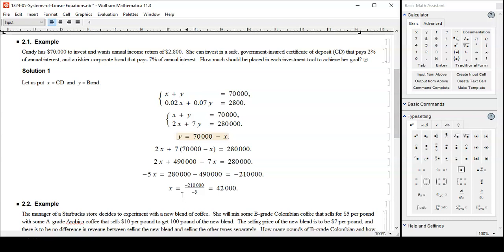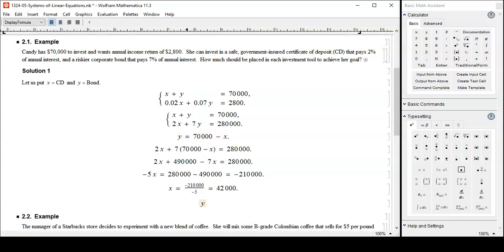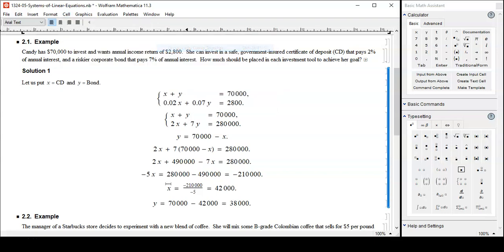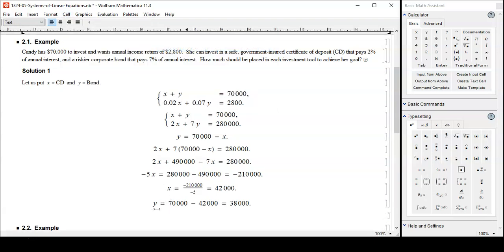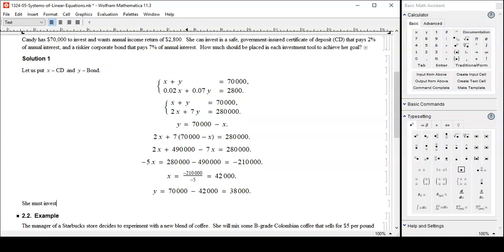Yep, 70,000 minus 42,000, excuse me. So 42,000 to CD and 38,000 to bond.